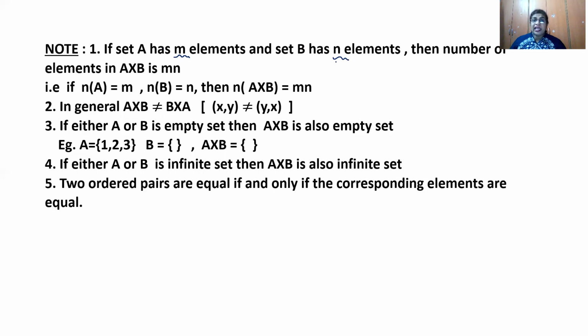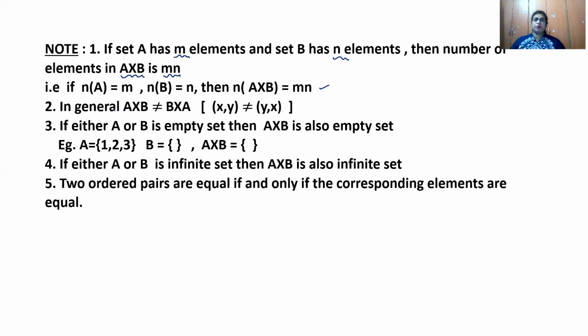Then how many elements are possible in the A cross B set? Then A cross B will have M into N, so that is Mn elements. Clear? Okay. Now here I've written it symbolically. N stands for number. So the number of elements in A is M, the number of elements in B is N. So therefore the number of elements in A cross B is equal to M into N.